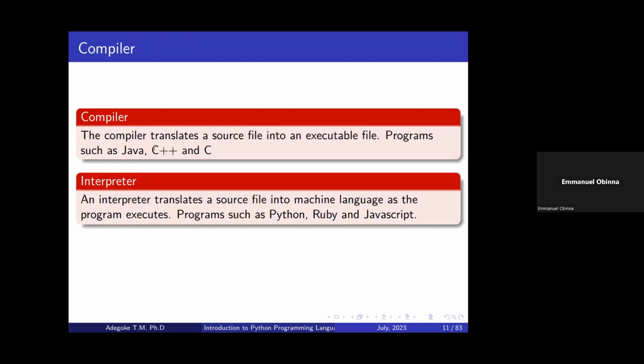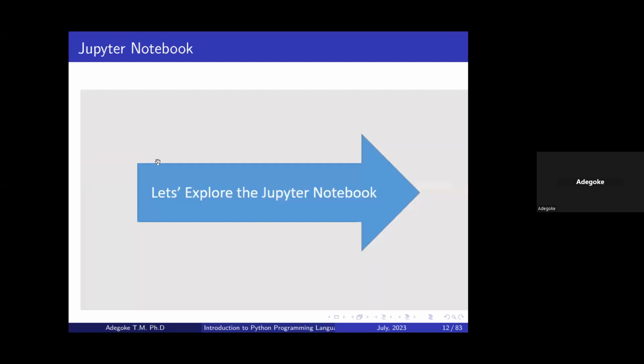When it comes to the kind of software used by Python, there are many languages that use a compiler, while some use an interpreter. Programming languages like Java, C++, and C make use of a compiler. That means they need to compile all the code before they can actually perform the analysis. But an interpreter translates the source file into machine code line by line. Such languages include Python, Ruby, and JavaScript.